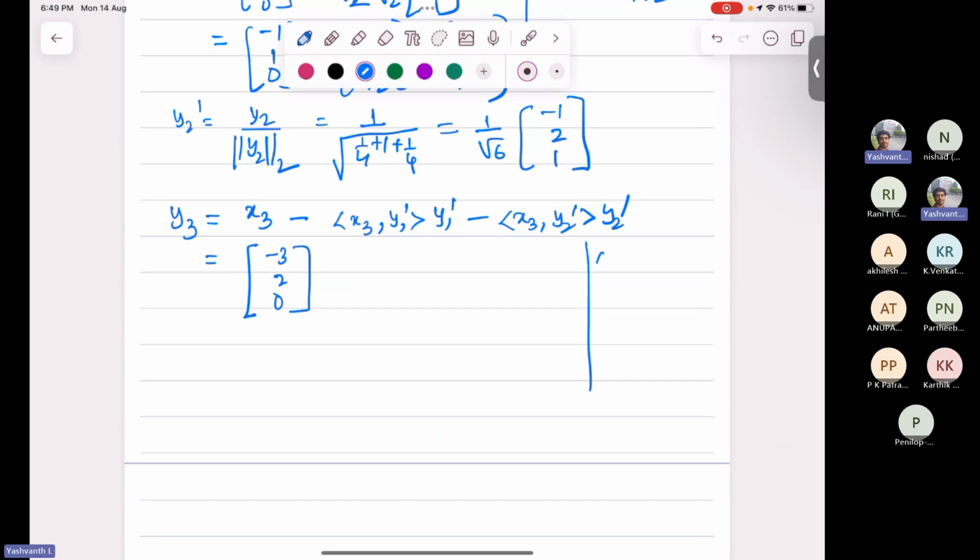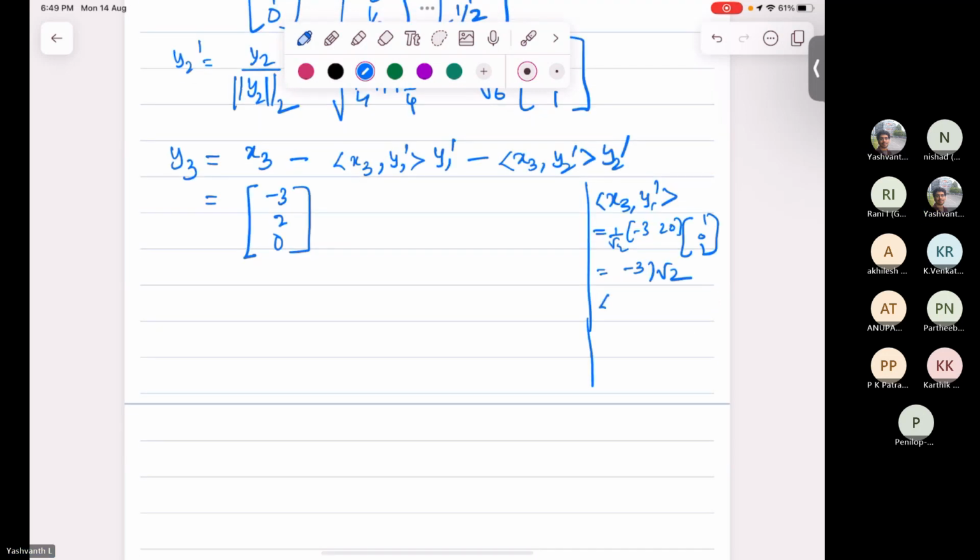What is x3 comma y1 dash? It's 1 by root 2 times (-3, 2, 0) dotted with (1, 0, 1), which is minus 3 by root 2. And x3 comma y2 dash is 1 by root 6 times (-3, 2, 0) dotted with (-1, 2, 1), which is 7 by root 6.